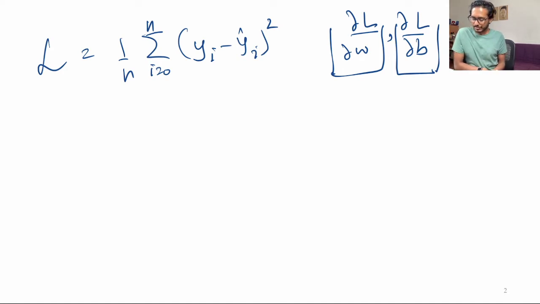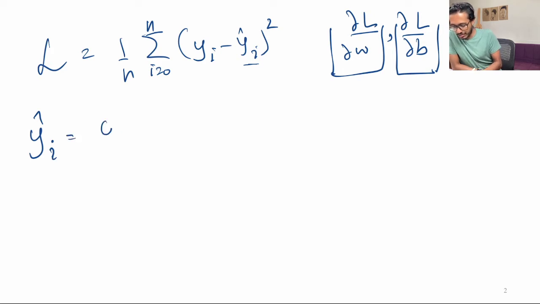So here we have our L, and we see that this is in terms of y hat_i, and let's write the equation for y hat as well. y hat is equal to wx plus b.